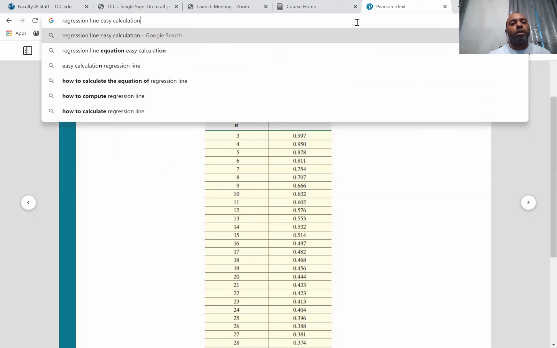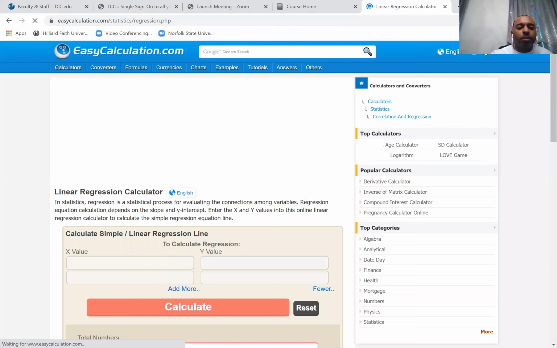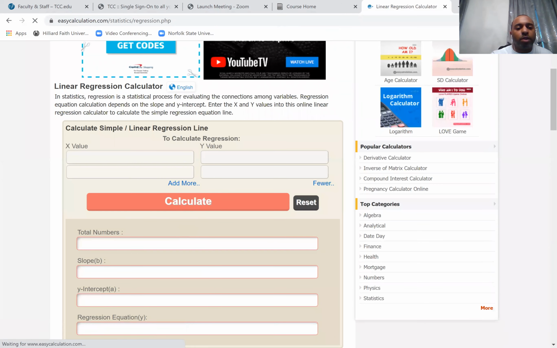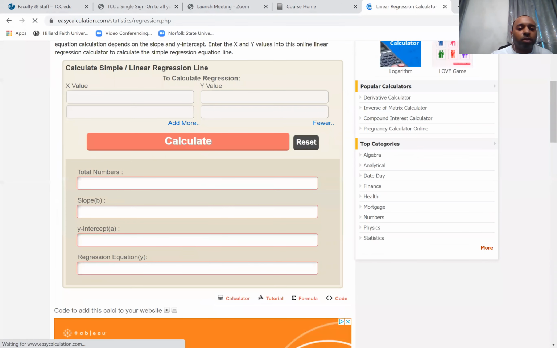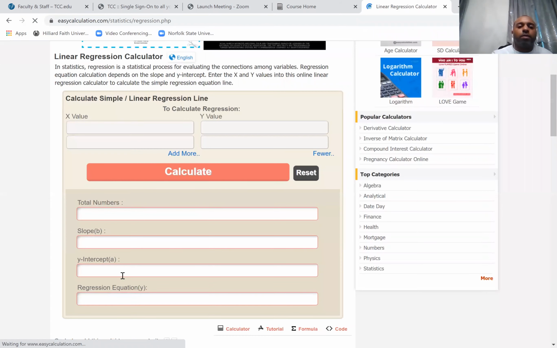Go on some easy calculation. And so regression line, easy calculation. And then same type of deal, type in your data values and you will get your regression line. It'll separate, give you slope, then y-intercept, and then give you the line itself.